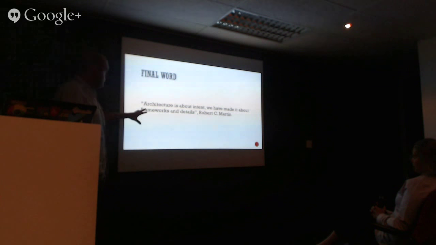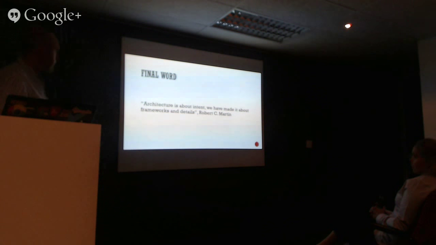So the final word is from Robert Martin, who is very well respected in the computer science world, which is cool. He says, architecture is about intent. We have made it about frameworks and details. And I think that's something that a lot of people don't want to read when they've waded through 600 pages of domain-driven design books. And I think that's really important.